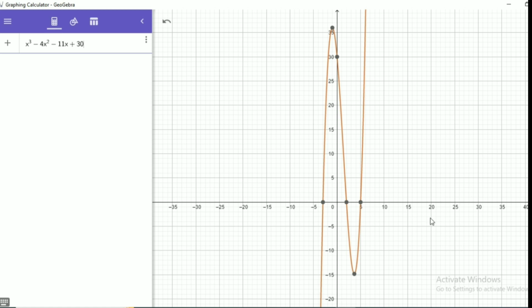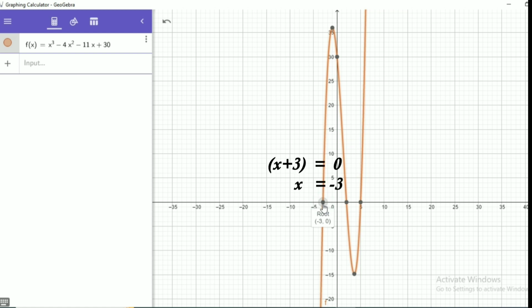Now let's see if the roots here correspond to the previous results. That was x minus 5. At this point you can see our root here is minus 3, and we got x plus 3 in the previous factor. If we equate each factor to 0, our x must be minus 3, which means that what we solved earlier was correct.